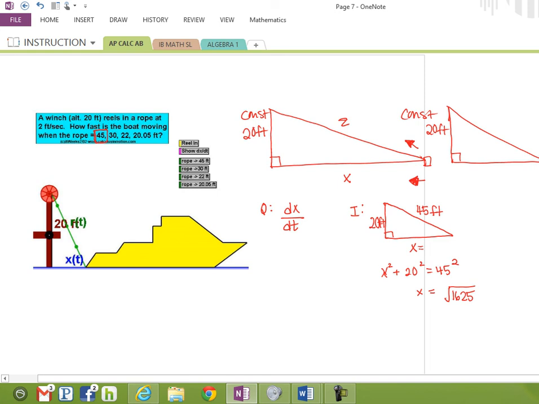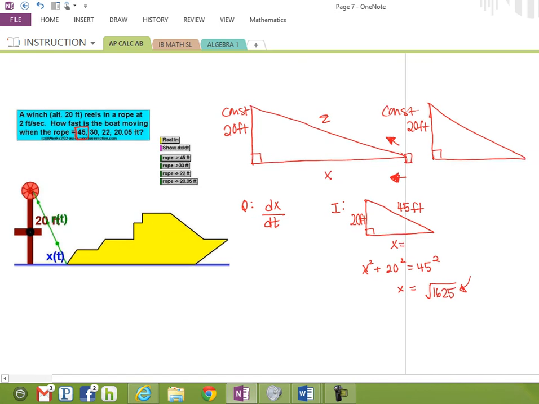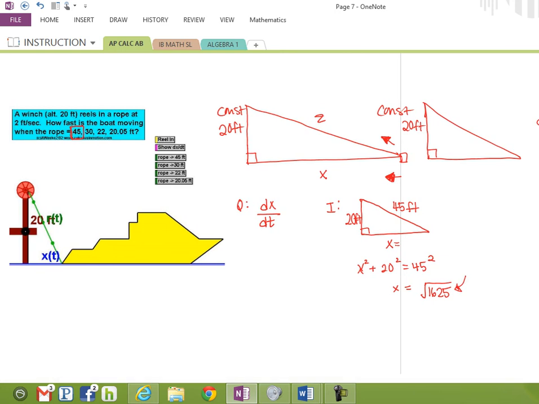As much as the AP wants you to round to 3 decimal places, you will never round to 3 decimal places within the problem, which is why you see this root instead of me writing the decimal approximation, which would be 40.311. You do not do that. There is a chance that you could lose a point for accuracy as a result. So in this problem I actually found the instant. The instant is the square root of 1625. Hopefully I did that right.